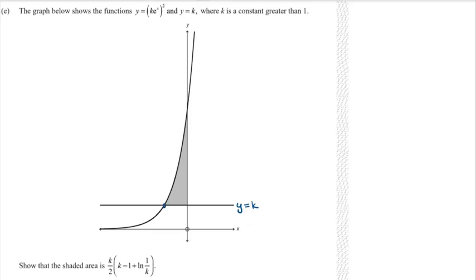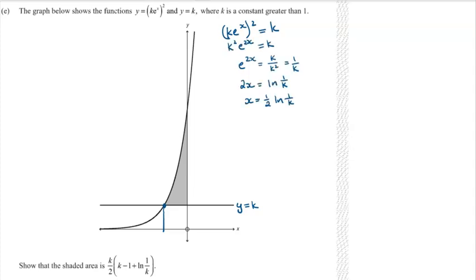We will need to know what this coordinate is here, so we're going between this coordinate and 0. So we need to know where those two lines meet. So if we do k e to the x squared is equal to k, we can work out those points of intersection. So I'm just going to pause and work that through.